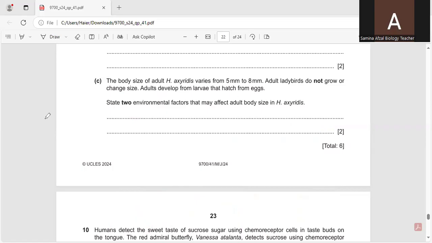The environmental factors can be the temperature, or you can say the egg size. So these two environmental factors can affect the adult body size in Harmonia axyridis.